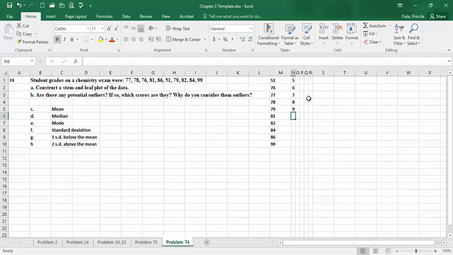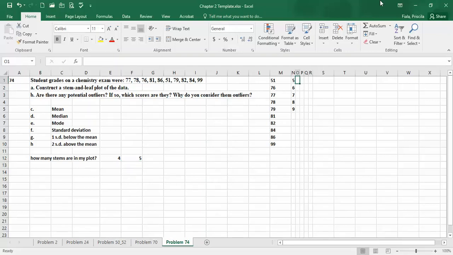If I ask how many stems are in my plot, you can say there are four. Truly four. If you said five, I would have to consider it as well, because one, two, three, four, five. There's no 60s, but you have to include it. You cannot make a graph where you skip from five to seven.